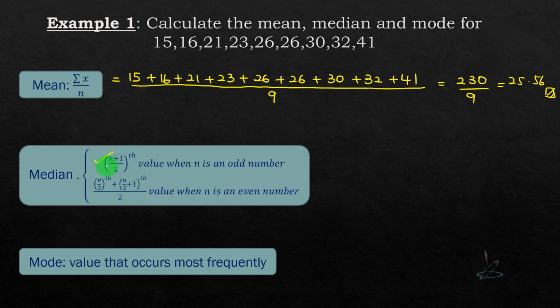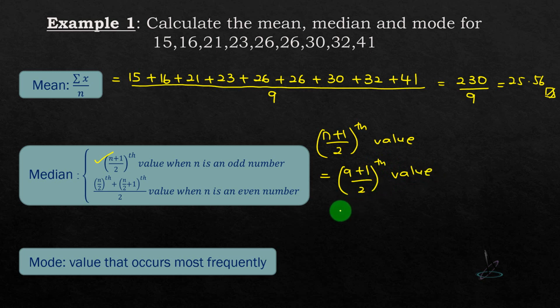We are going to use the first formula, where we take the (n plus 1) over 2 value. n is equal to 9, so it is 9 plus 1 over 2. 9 plus 1 is 10, and 10 over 2 is 5. So this is definitely the fifth value.